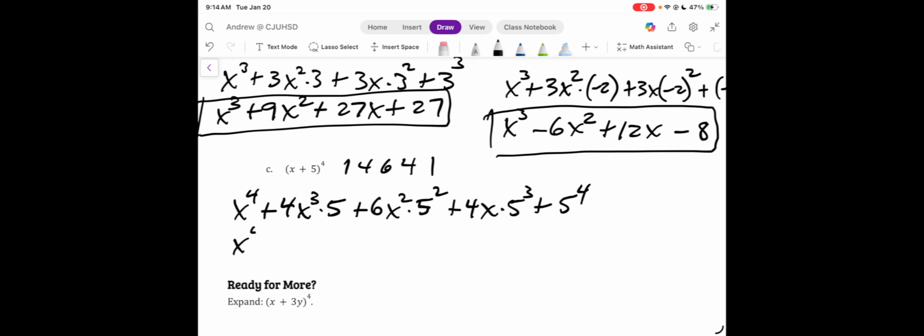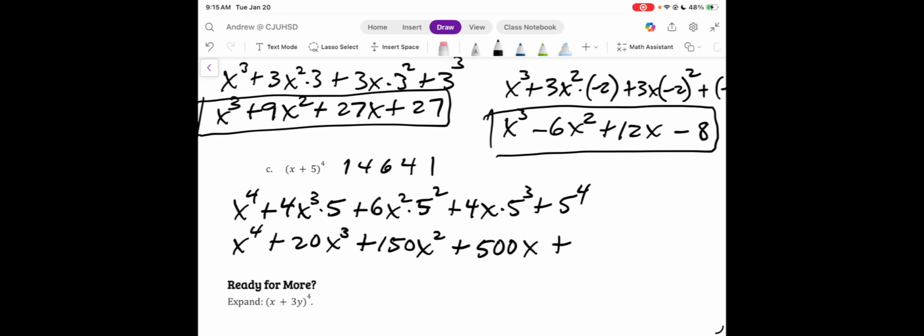So x to the 4th plus 20x to the 3rd plus, let's see, you've got 5 squared is 25 times 6, 6 quarters, that's $1.50, so 150x squared plus 5 cubed is 125, and you have 4 of them. 2 of them would make 250, so 4 of them would make 500x.